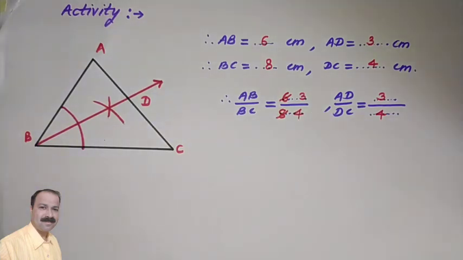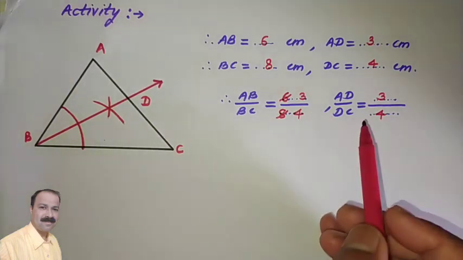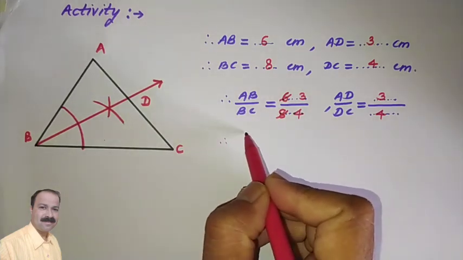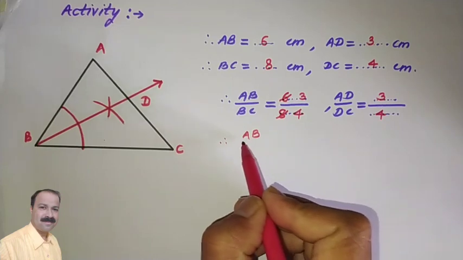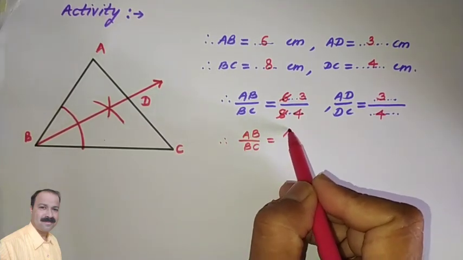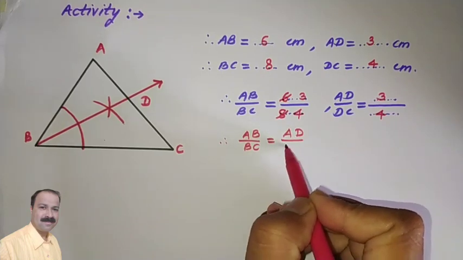The ratio of AB upon BC and AD upon DC is the same. Therefore, the ratio AB upon BC is equal to AD upon DC.